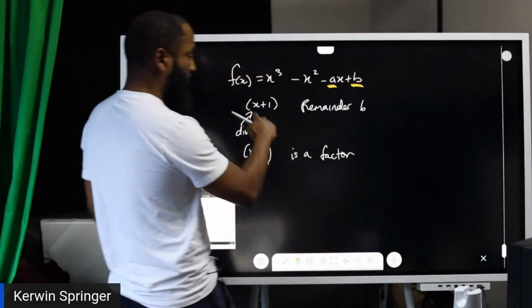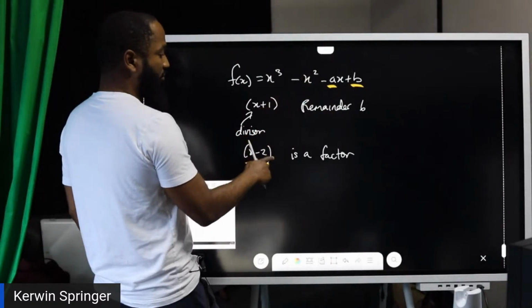Earlier we divided by this and got a remainder, and divided by this and didn't get a remainder.